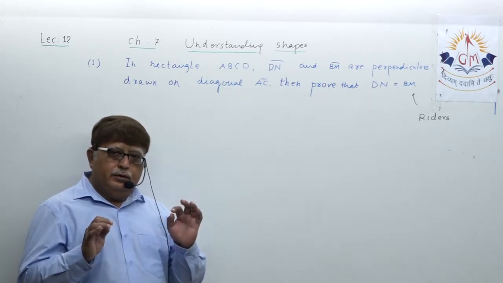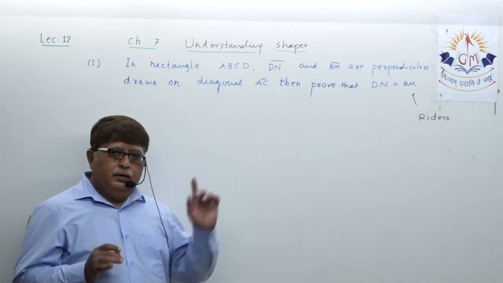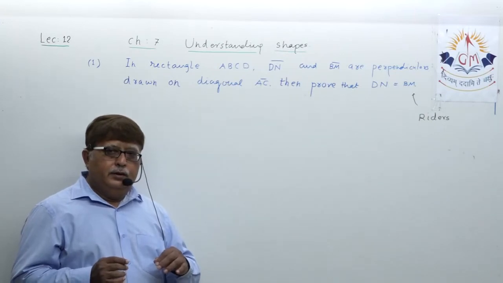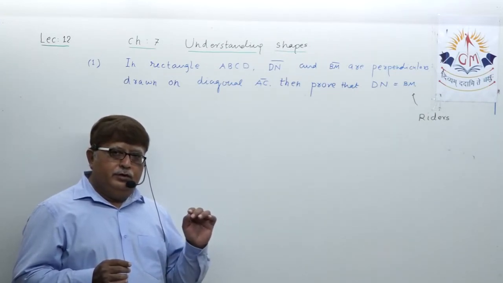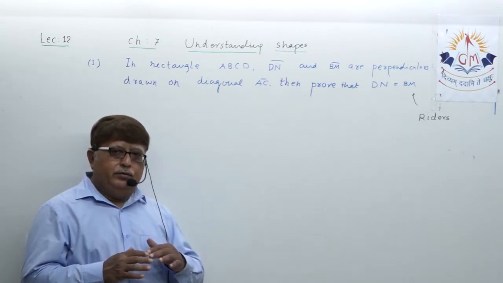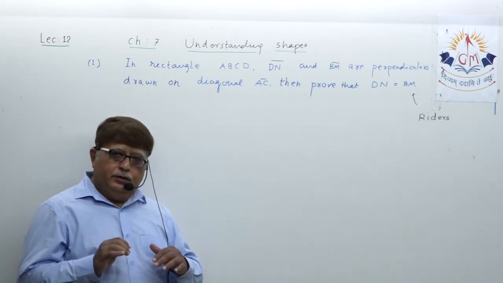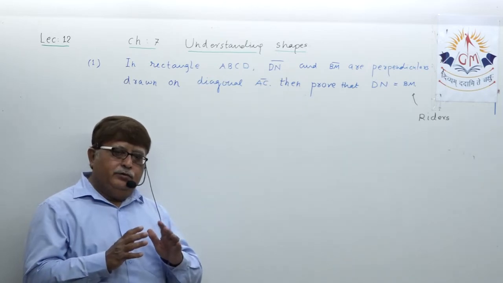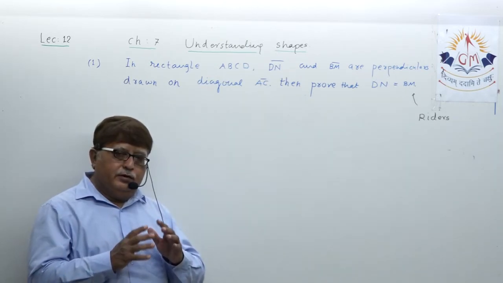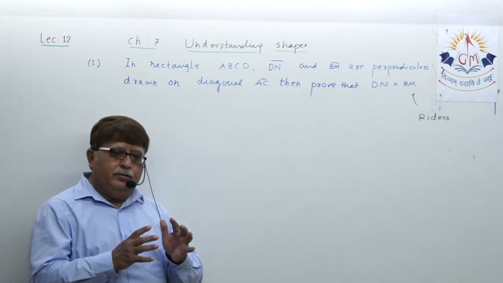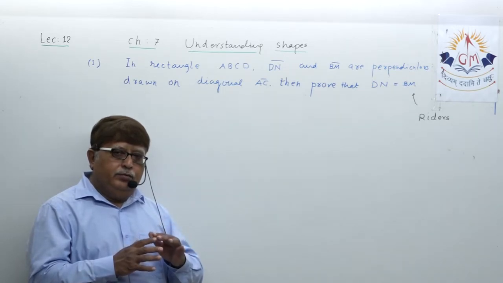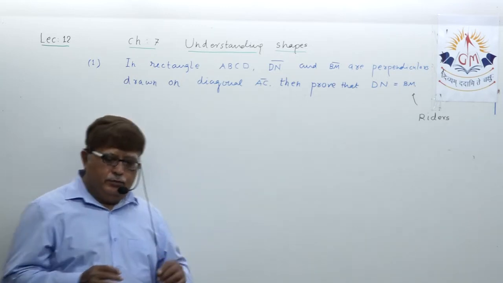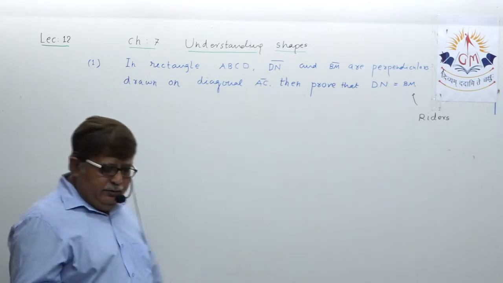Draw a diagram as per the given data, and from the given data try to write data and to prove, and then try to gather the concept from the diagram. How can you prove the given rider?